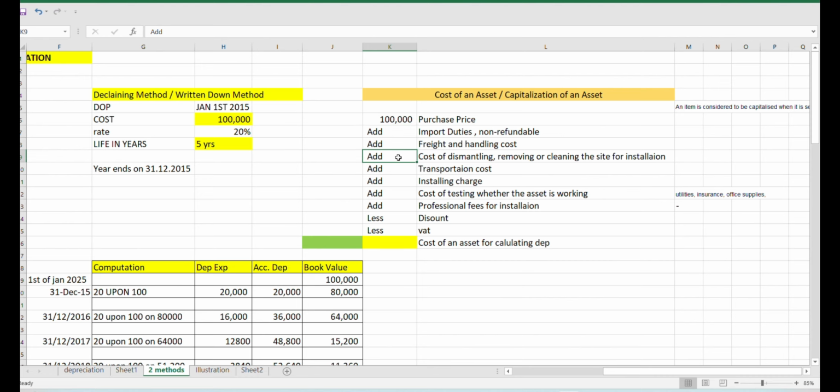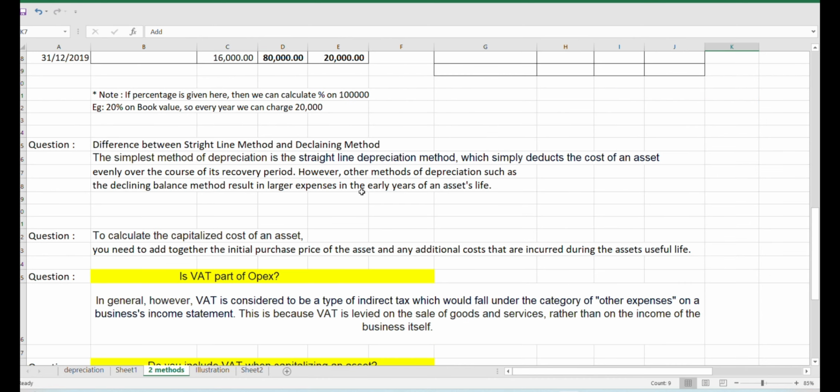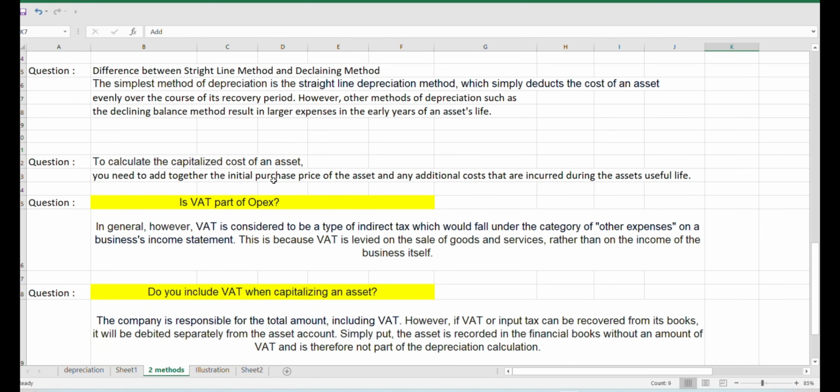If there is any installation, transportation, or professional fees you have paid, you have to add them. And if you have got any discount, you have to deduct it. And the VAT you have paid on this purchase price, you have to deduct it, because VAT is always refundable. So you will get the cost of an asset for calculating the depreciation. This process is called capitalization of an asset, which is explained over here.